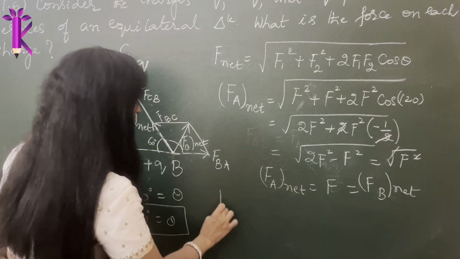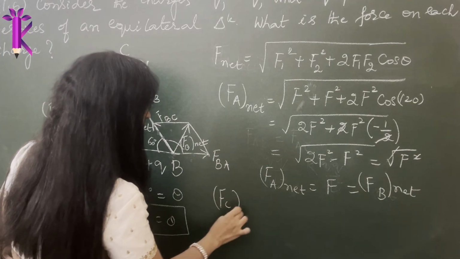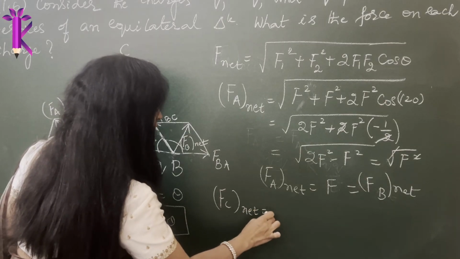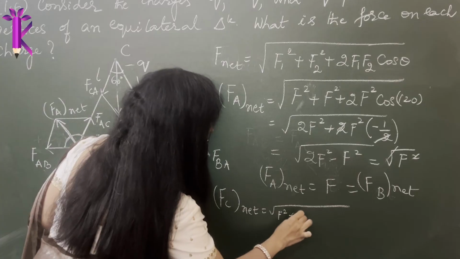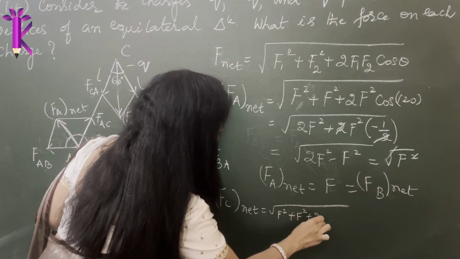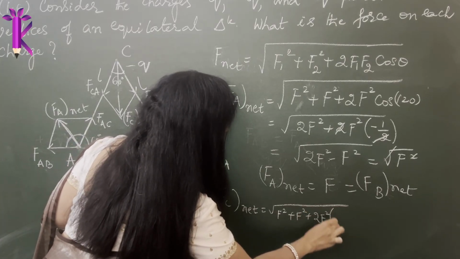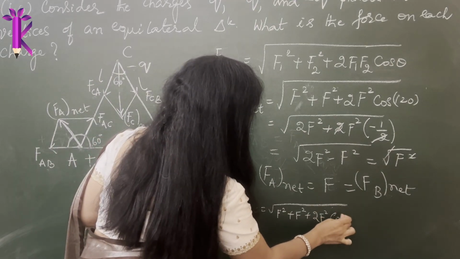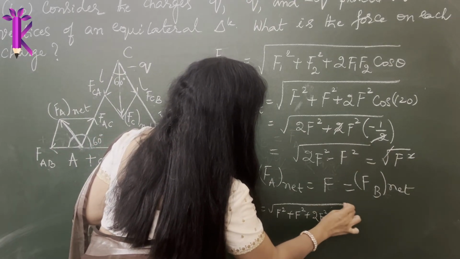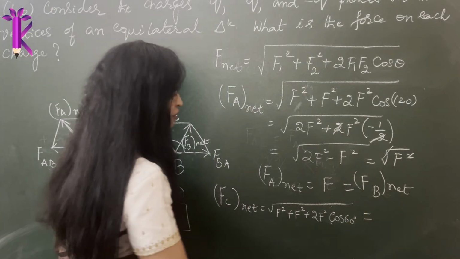Let's calculate that. So the net force experienced by the charge C will be the square root of F square plus F square plus 2F square into cos 60 degrees. So how much is cos 60 degrees? Cos 60 degrees is half, not minus half, it is half.